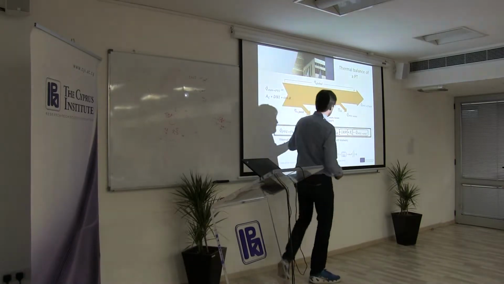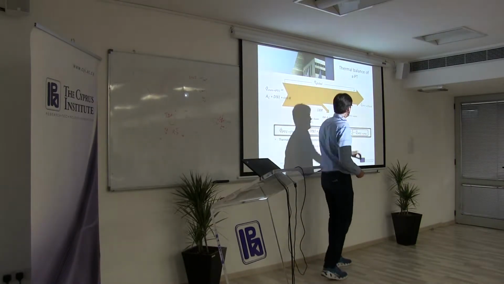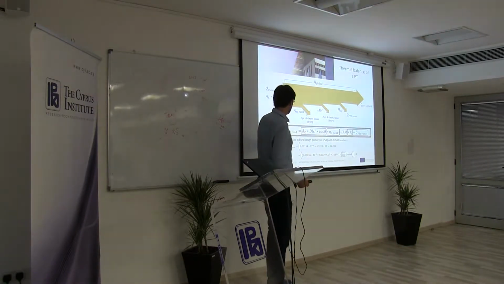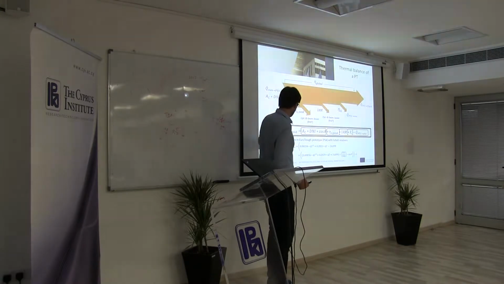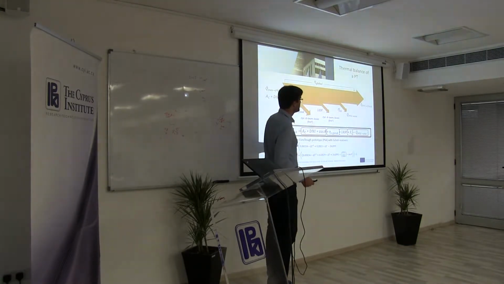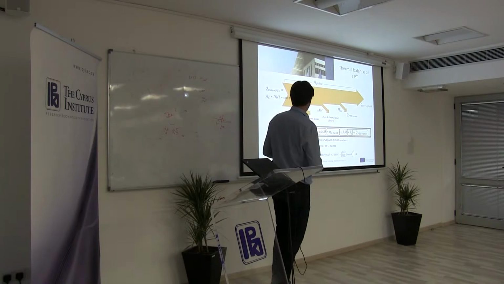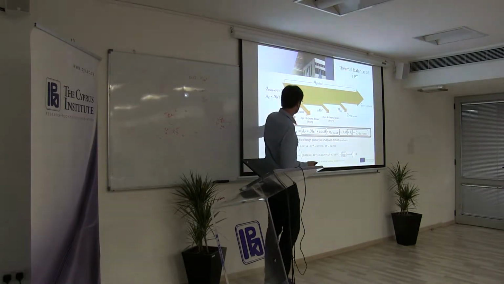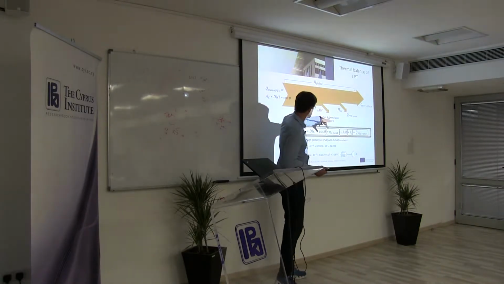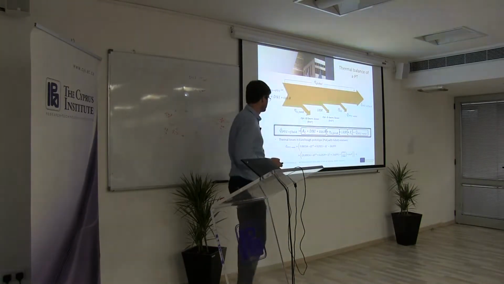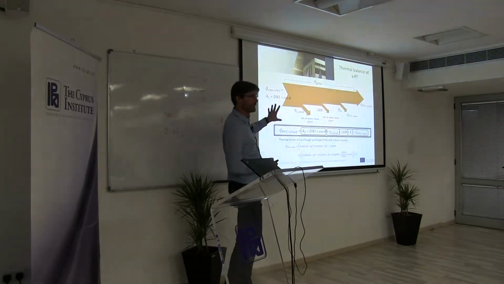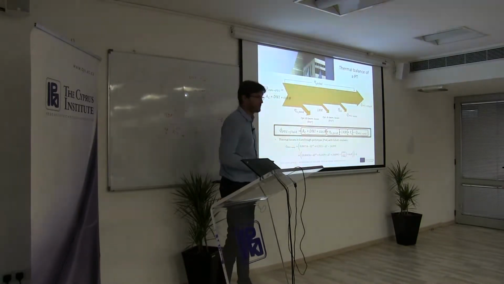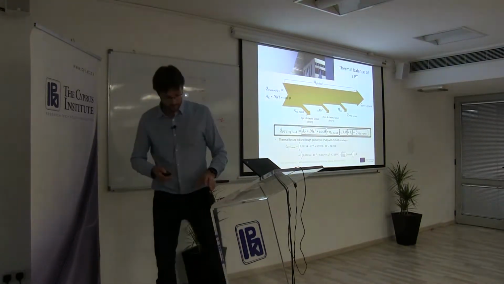And you remove the thermal losses from the receiver to the environment, and then you obtain here the energy that is going to the fluid. Right. So here you have losses, geometrical losses, and thermal losses. So you can model all of that, and also you can use correlation from experiments made by the manufacturer.